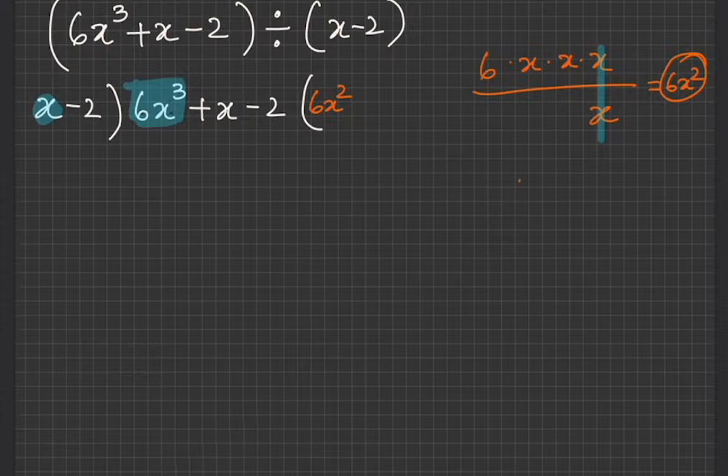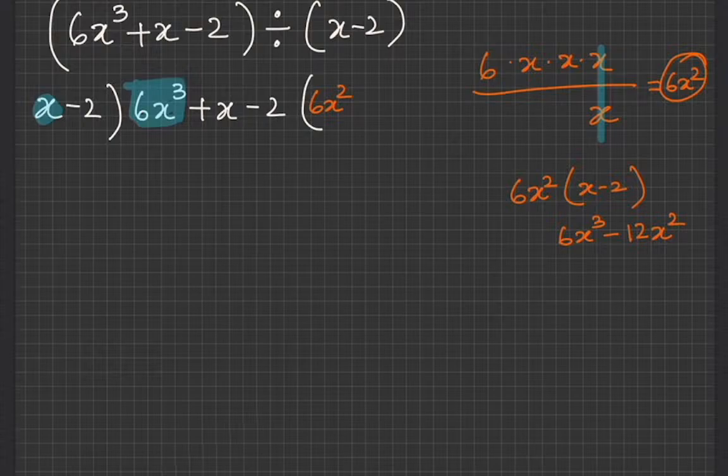Now the second step is that I'm going to multiply 6x squared, which is my quotient, by my divisor. So 6x squared times x is 6x cubed, minus 6x squared times 2 will be 12x squared, right?